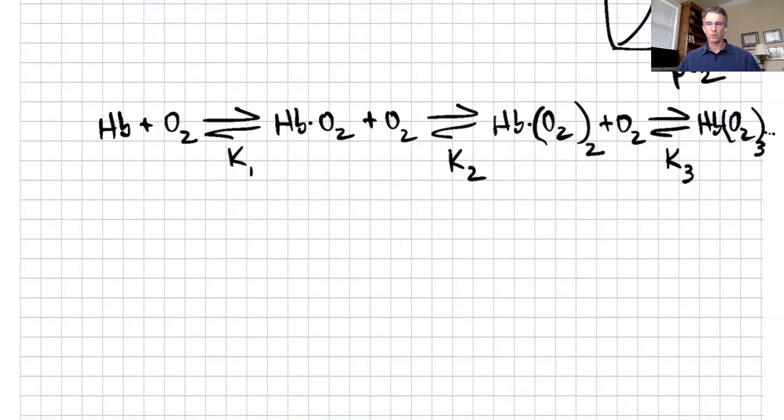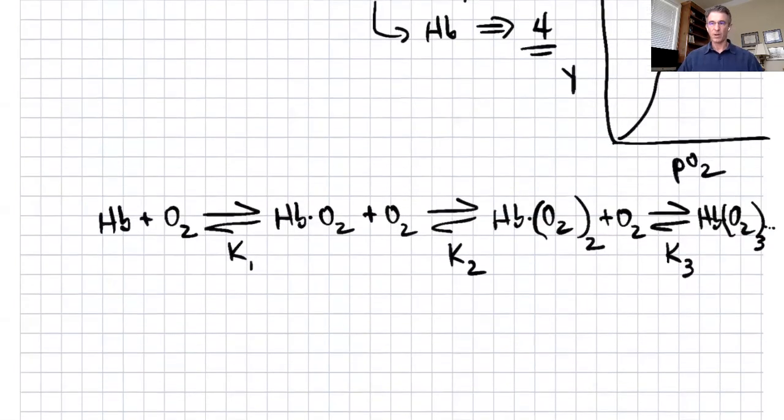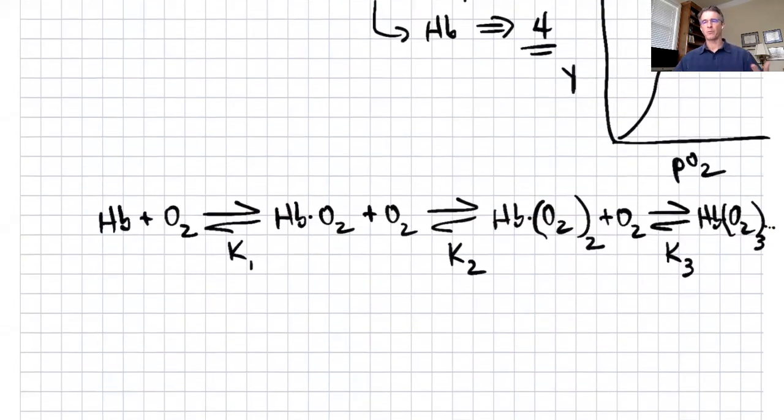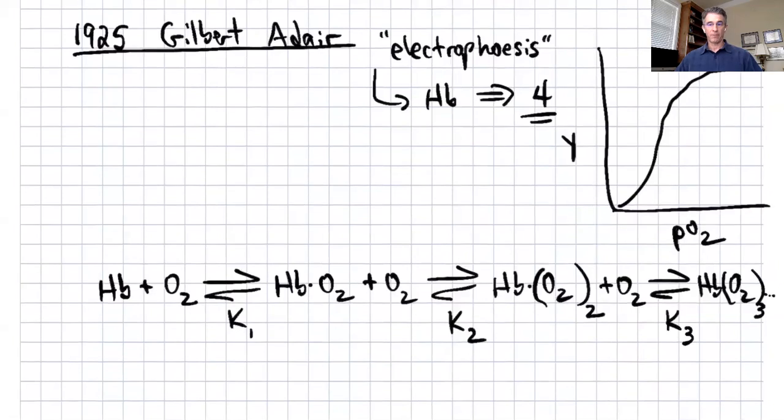Well, that's cool. The neat thing is, if you go through the math, you can derive an expression. In the case of hemoglobin, it'll have 4 constants. These got a name. They were known as the so-called Adair constants.